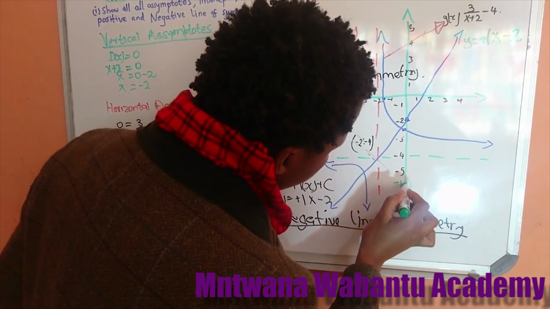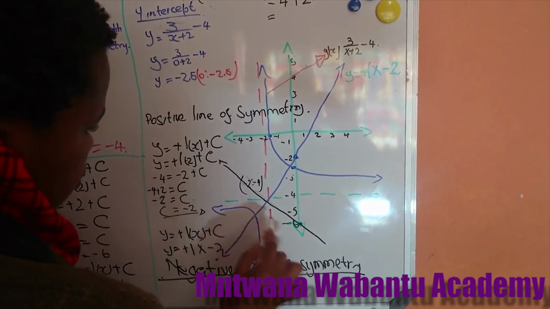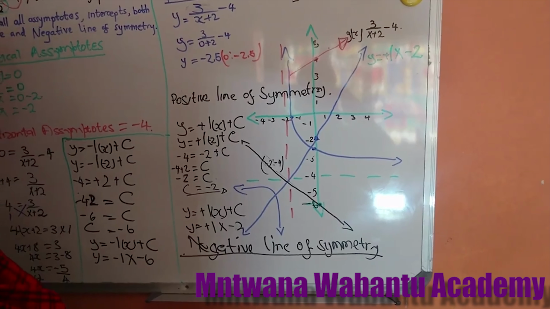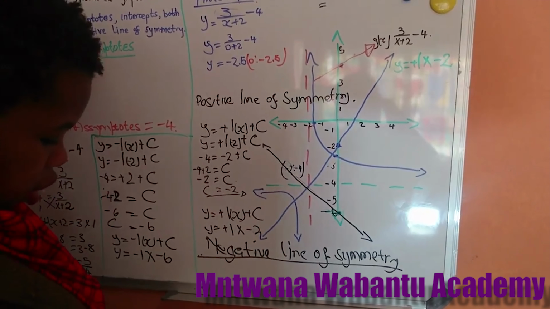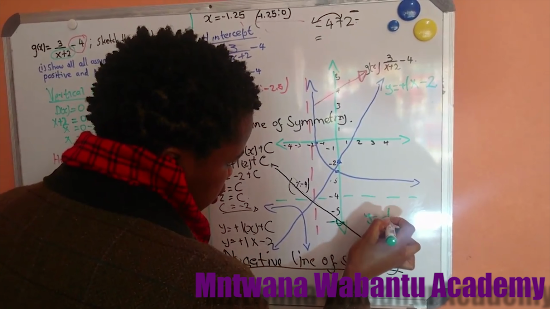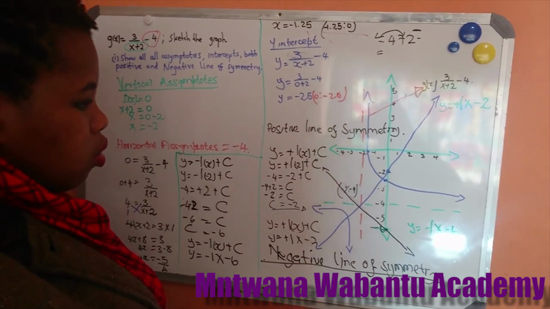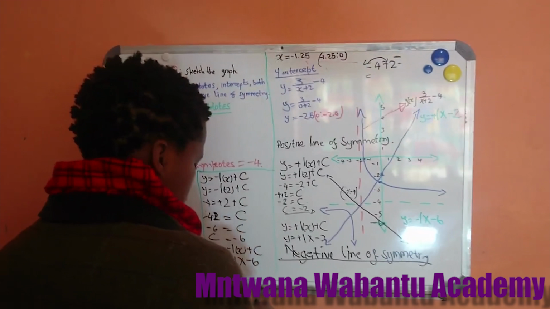How did you know to take negative 6? Okay, because of that negative 6, the y-intercept, right? Okay, let's go. Now write the y-coordinate: y equals negative 1, negative 6. You don't need to write the x.